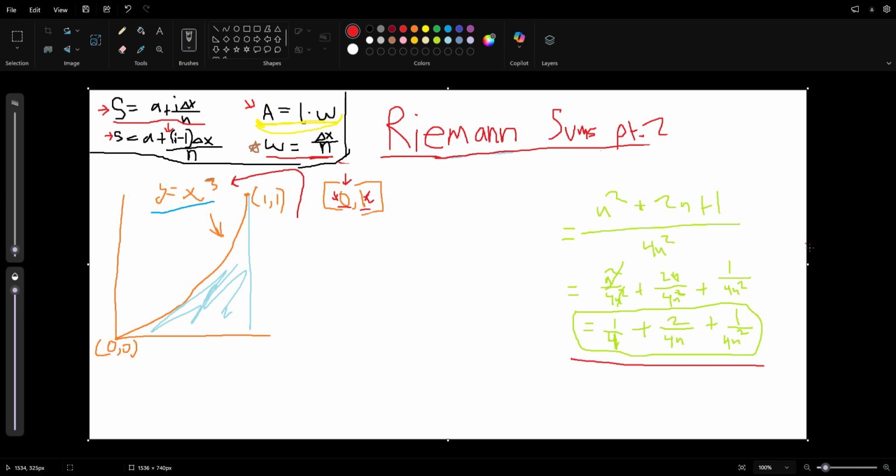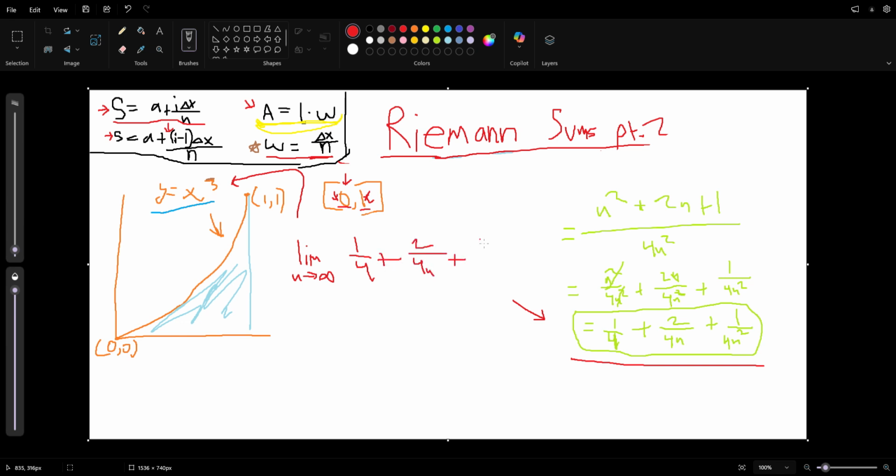So we can find the area of the region under the curve, or bounded by x cubed, which is the official way of saying it, I guess. So we just have to find the limit as n approaches infinity of this.